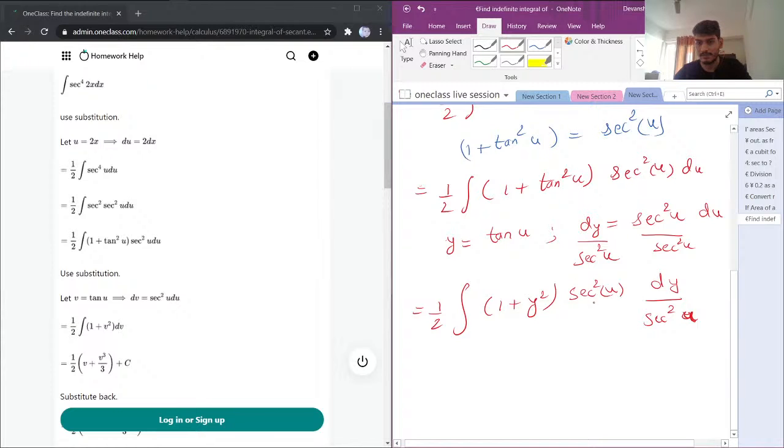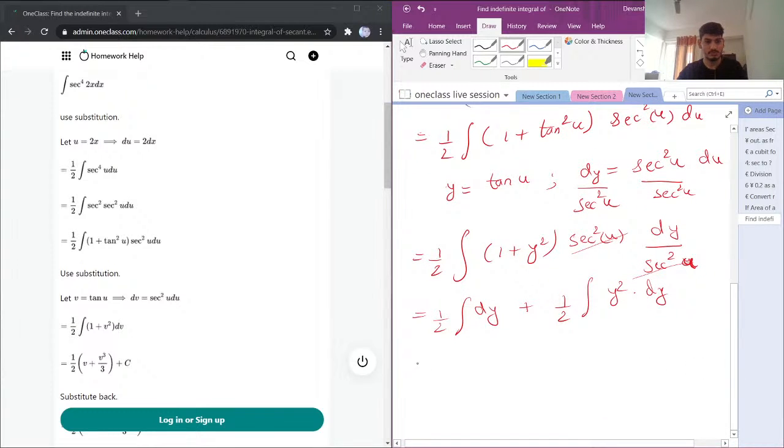So I will just remove them because they cancel out to 1. Then I will take 1 over 2 integral dy plus 1 over 2 integral y square dy.